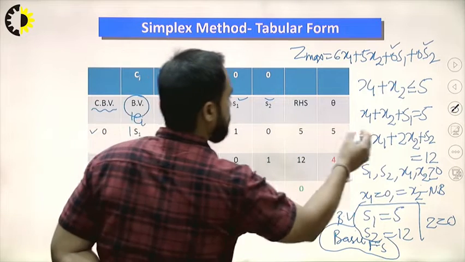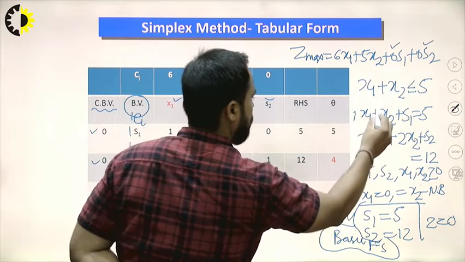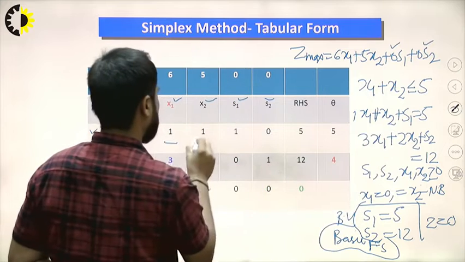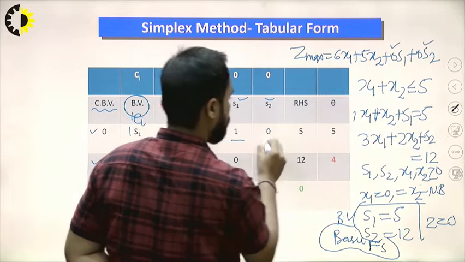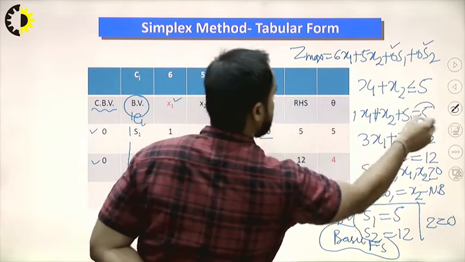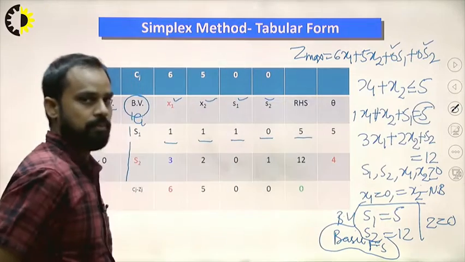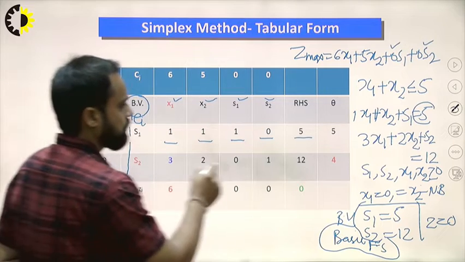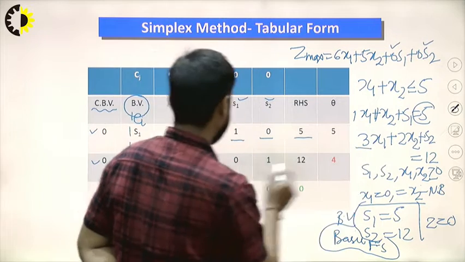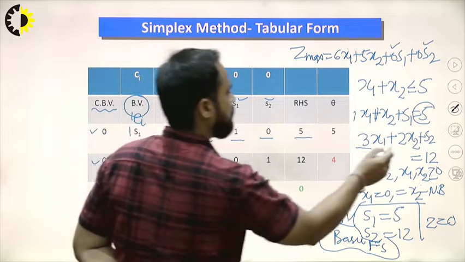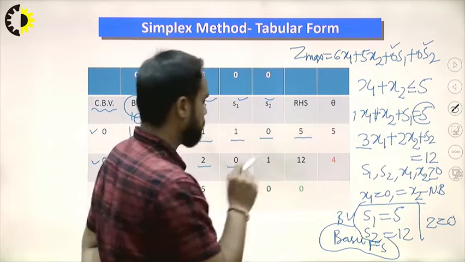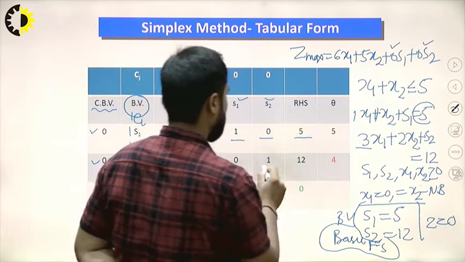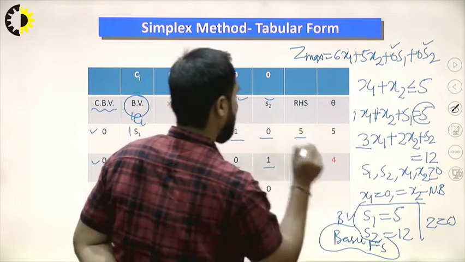For the first constraint, the coefficient of X1 is 1, of X2 is 1, of S1 is 1, there is no S2 so 0, and the right hand side is 5. In the second constraint, the coefficient of X1 is 3, of X2 is 2, there is no S1 so 0, the coefficient of S2 is 1, and the right hand side is 12.